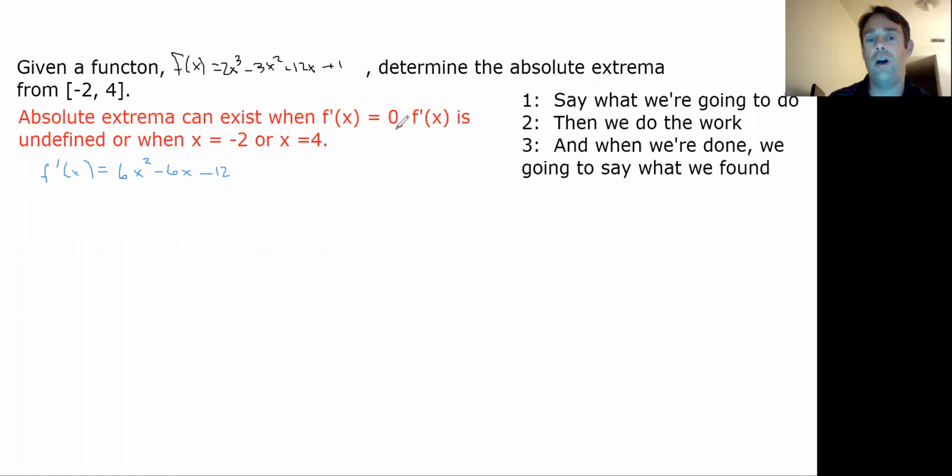And I notice I'm dealing with it being equal to 0, so now I'm giving myself permission to set my derivative equal to 0 to actually solve this thing. So I say what I'm going to do, and now I'm doing the work. And when I'm done, I'm going to say what I found.